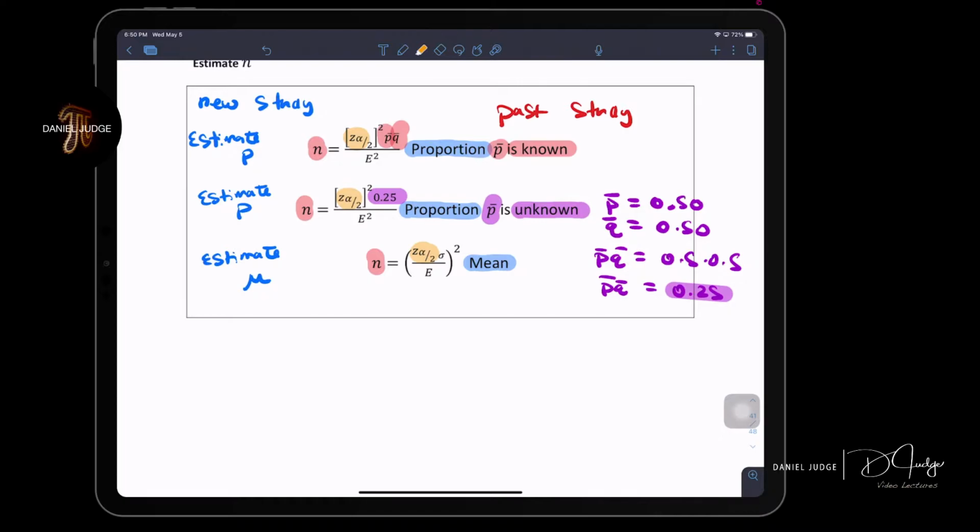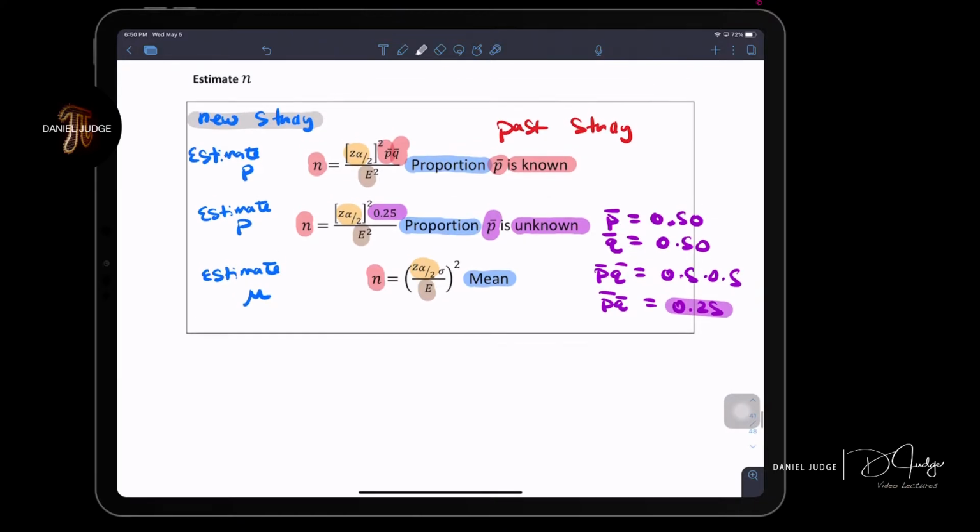Estimation is always two tails. Then they're going to give you a margin of error, E, that they want you to be within. So these are the formulas you use for a new study. We're going to get to some examples, but this is about estimating the sample size.